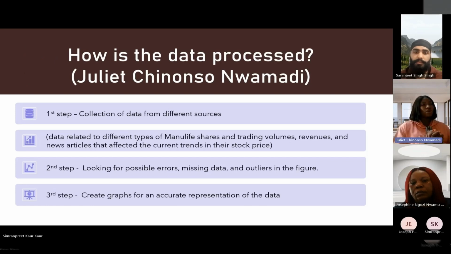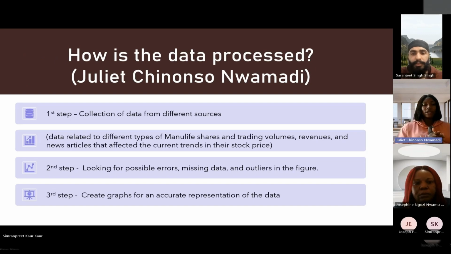It's important to note that when processing data, there are steps that should be taken. One of the steps we took was getting available sources from the company, which is the primary source when processing data. We also gathered available data about Manulife stock price on the stock market.